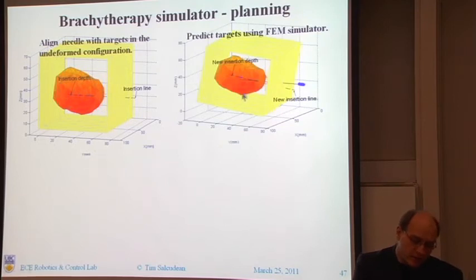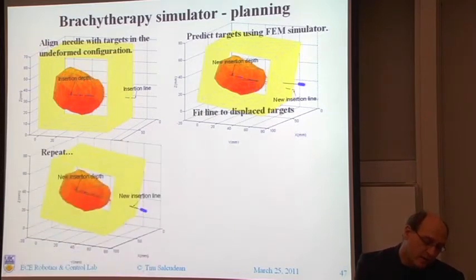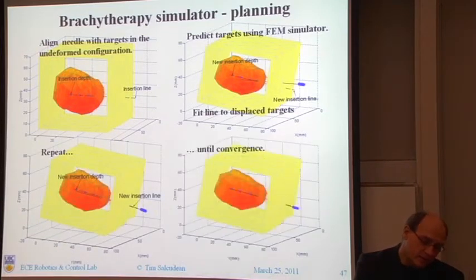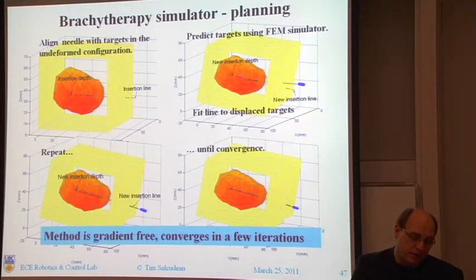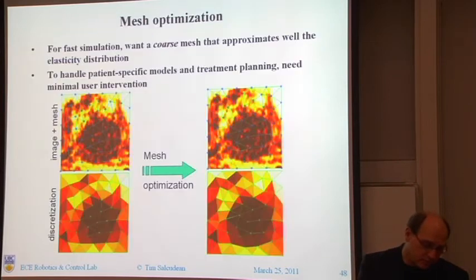And they will not be exactly in the same place. So what you do is you fit a best line through where these locations have been deformed, and you repeat this process a number of times. This is a gradient-free fixed point iteration that converges typically in a few iterations, giving you the actual needle insertion trajectory.